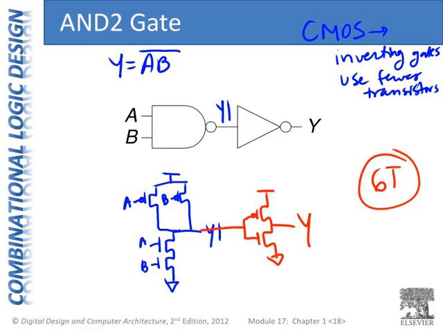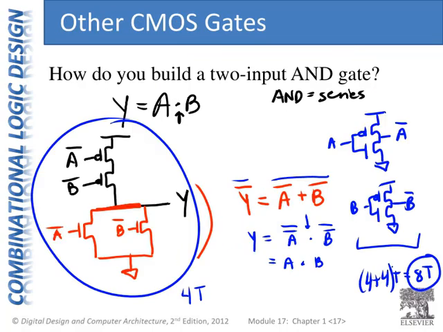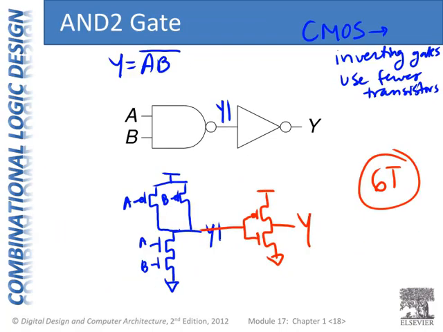So while they're both logically equivalent, the one that I built on the prior slide, this is the most efficient way to build an AND gate, is actually to build the NAND gate followed by an inverter.